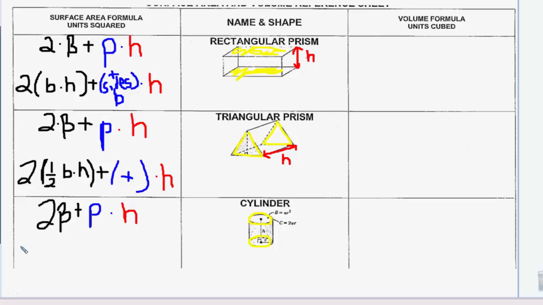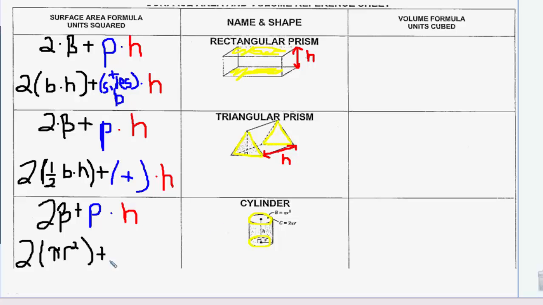Okay, so again, very similar for cylinder. We're going to take 2 times, since our base is a circle this time, to find the area of a circle, I'm going to do pi r squared, plus the perimeter of a circle.